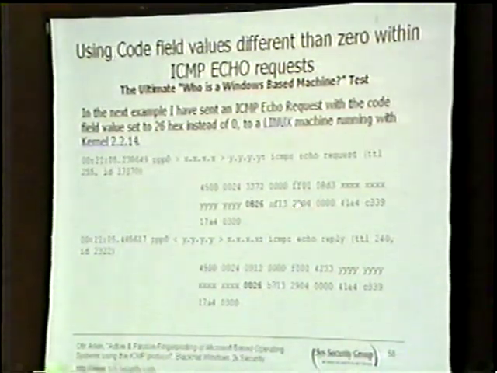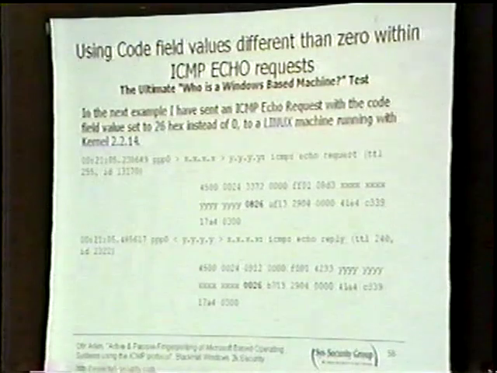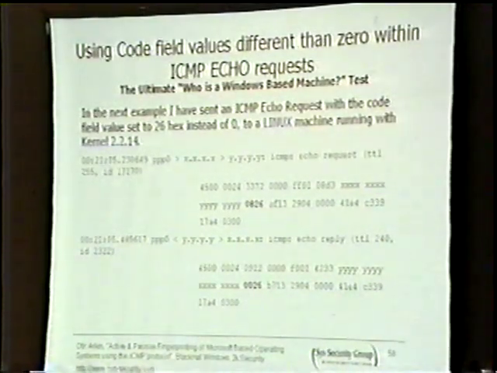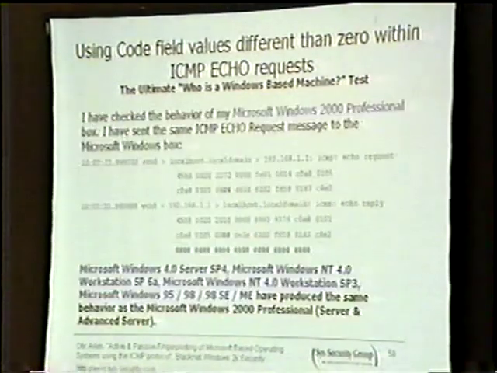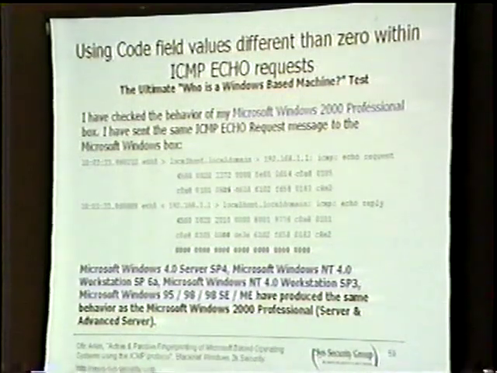I took the code field and changed it. I just put a value of 26 hex instead of 0, sent it to a Linux machine, and I saw that they comply with the RFC. This was nice, but again, with the Microsoft Windows operating systems, they have their own unique behavior. I call it the "I play God" behavior.